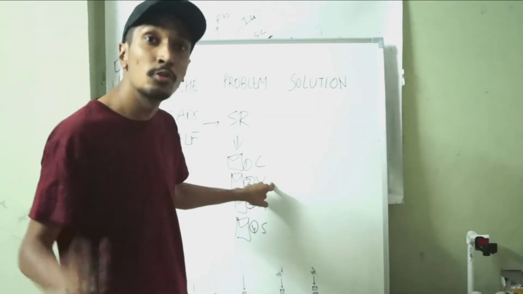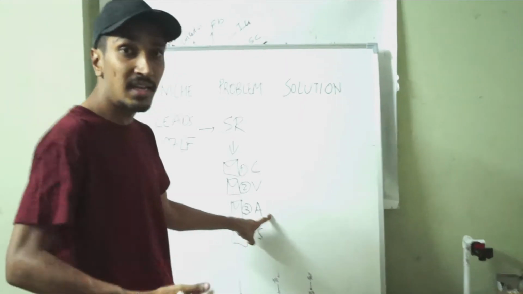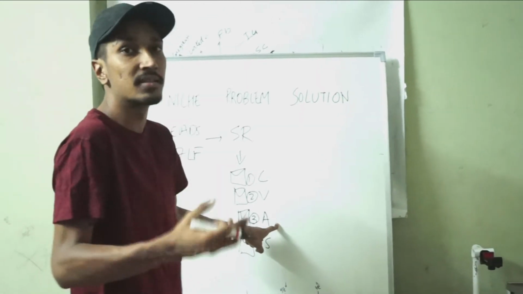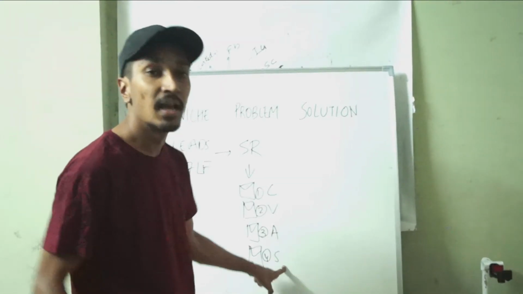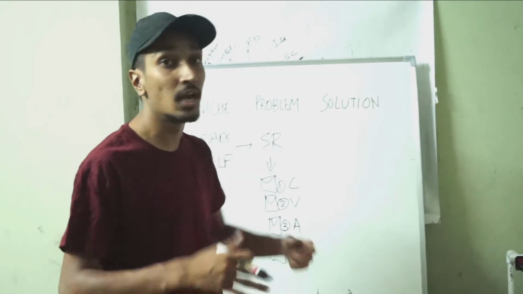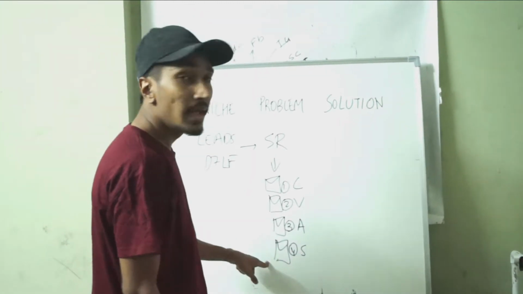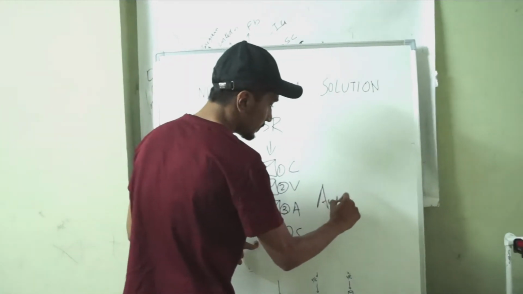Then I provide them value by showing them how I can get them clients. Then I build authority by telling them how I am one of the leaders in the industry and how I can teach them what I am trying to teach. And the last is sell. I try to get them on a call so that we can help them and see how we can take this forward, right? And this 4 email sequence is all automated.